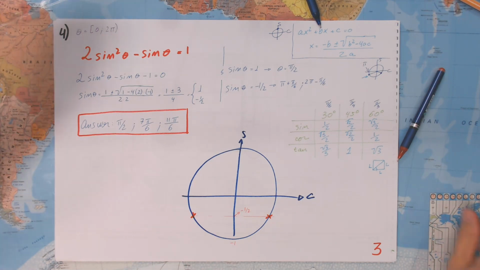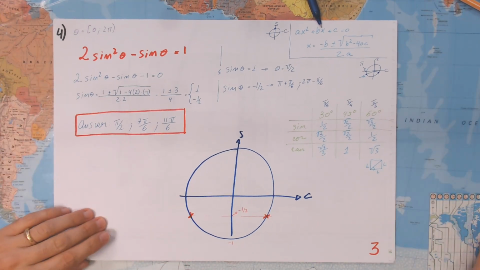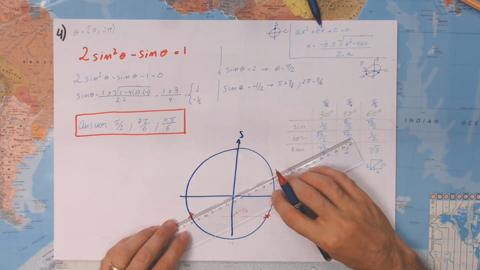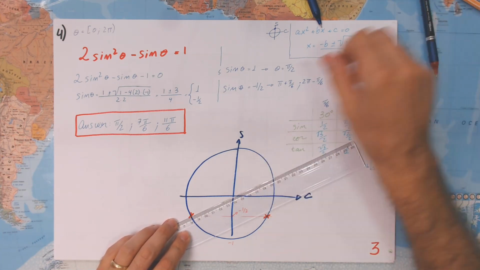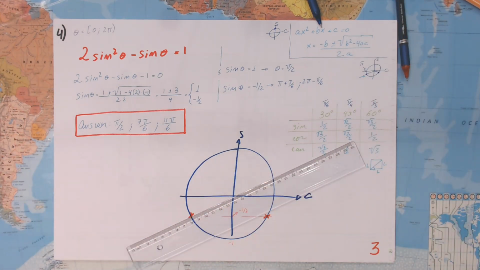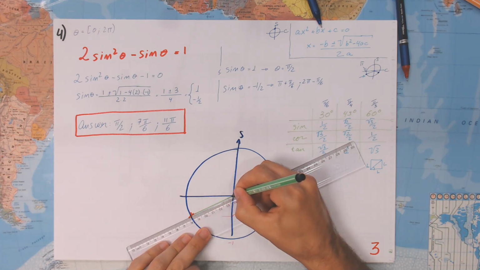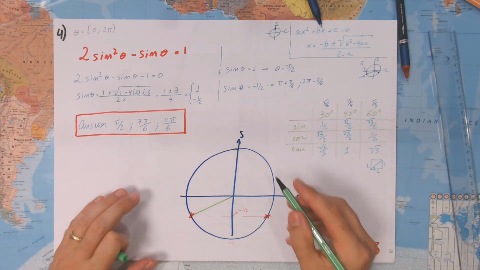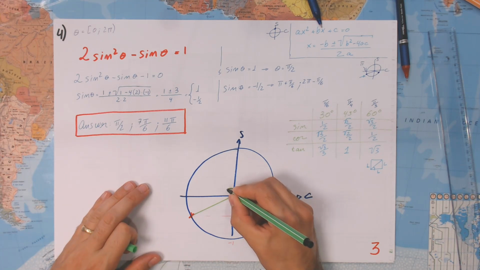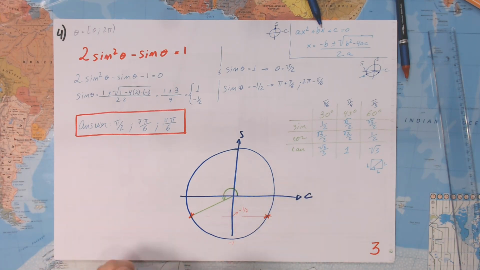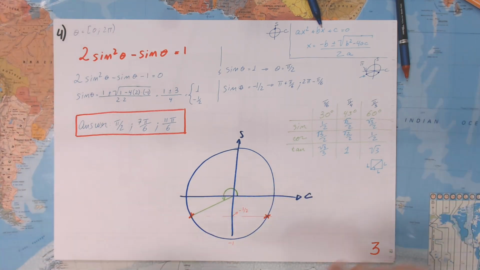And that, if we just make ourselves the angle in here is going to be this one. It is going to be all the way up to here. And the other angle, it is this one.